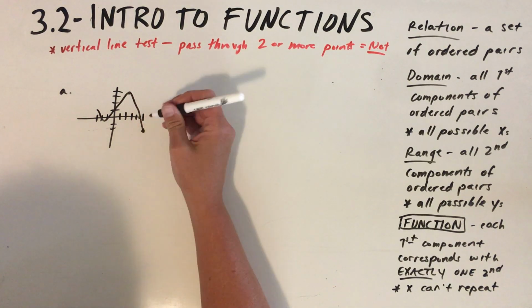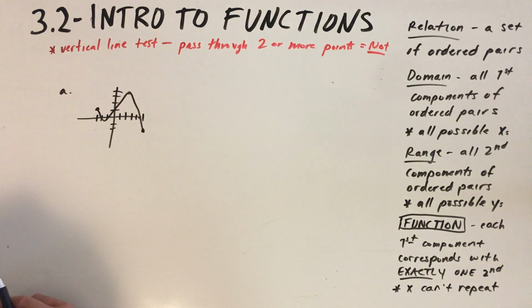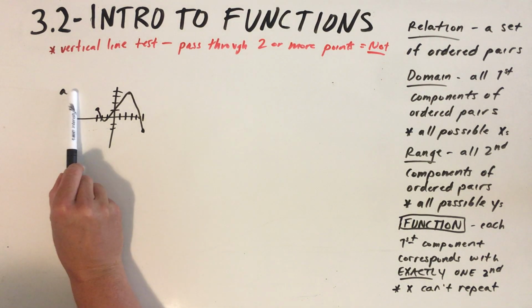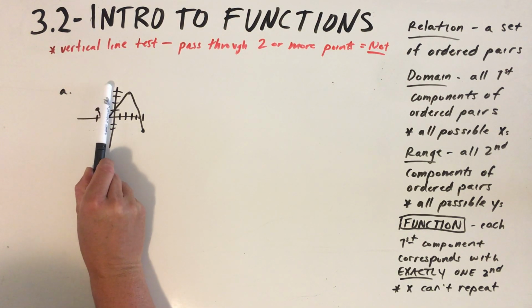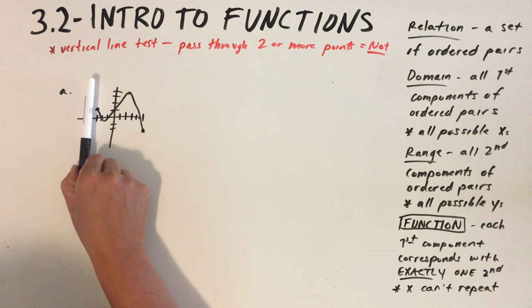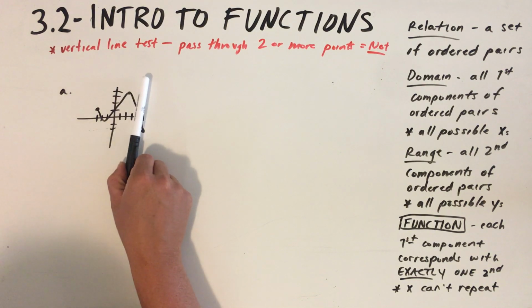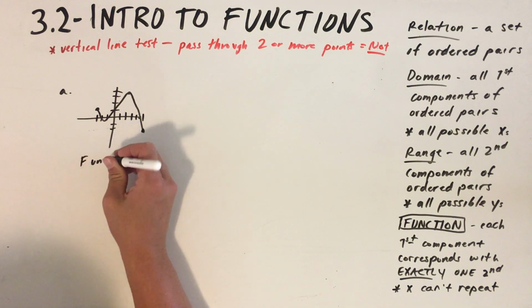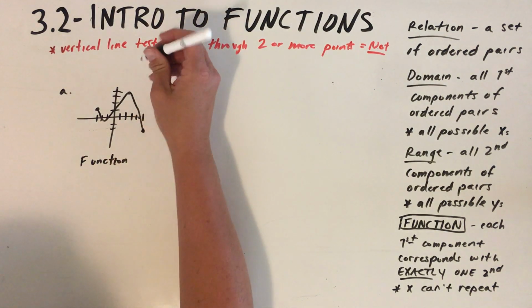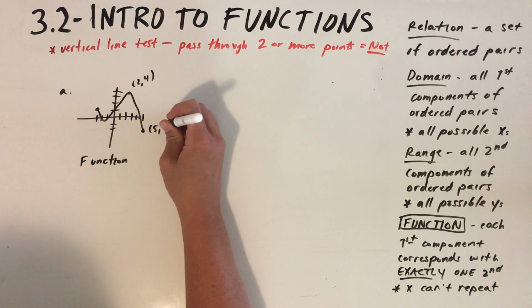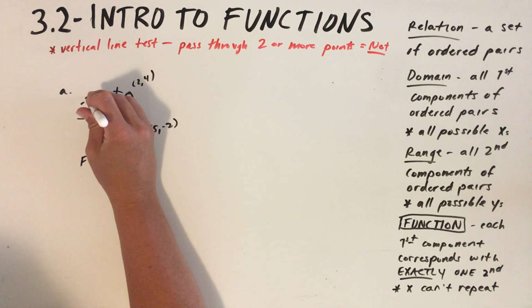And the question here is, is this a function? Well, if I took a vertical line and ran it through this graph, never at any point would there be 2 points on that line touching the graph. So this is indeed a function. Okay, and these points, we'll label them real quick. You've got them there on your guided notes.